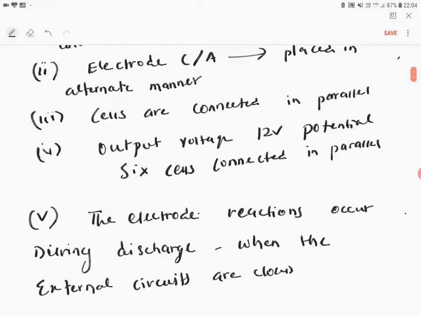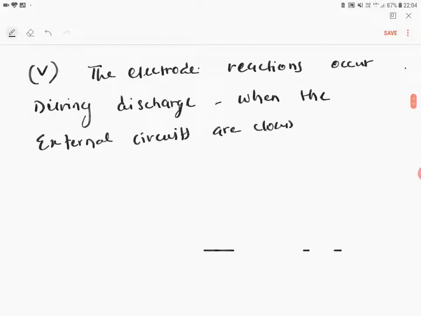So, first what we will do is we will write the reactions pertaining to discharge.